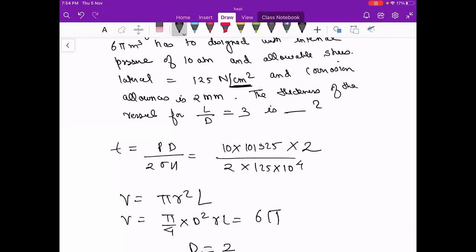In the GATE, it is mm squared. Okay, solve it for mm squared.